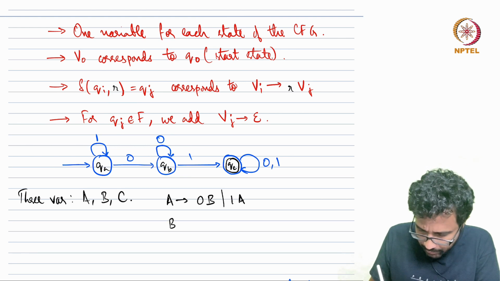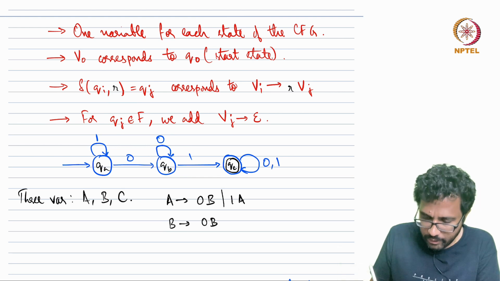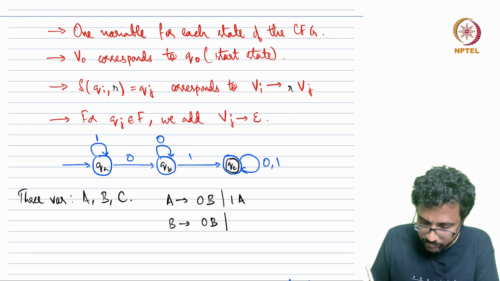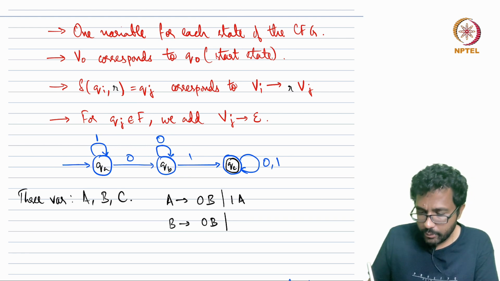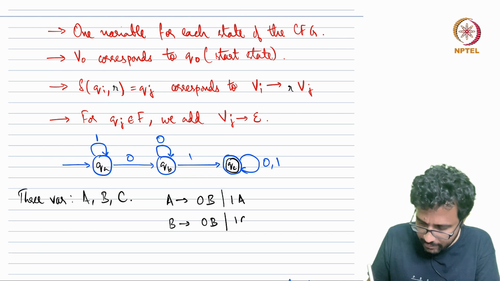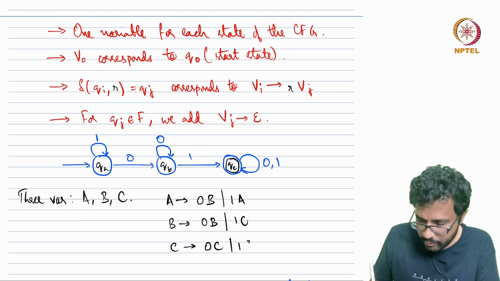And similarly B yields also 0B, because upon seeing a 0 from B you go to itself. Upon seeing a 1 you go to C, so 1C. And C, upon seeing a 0 you go to C, and upon seeing a 1 you go to C.